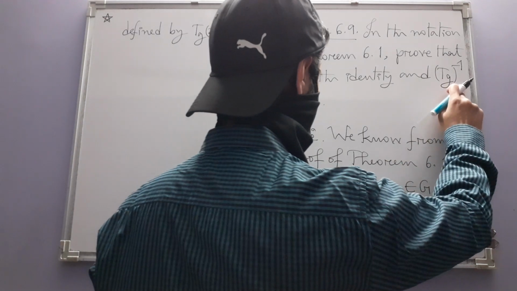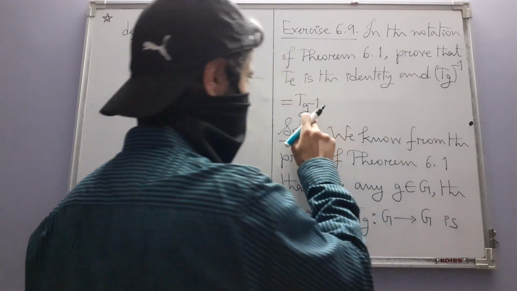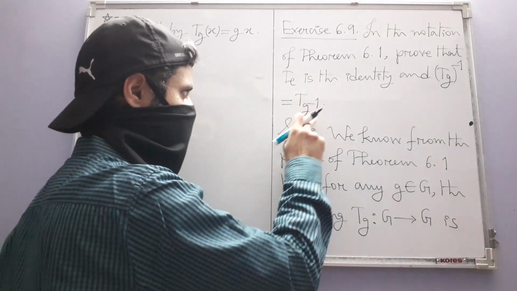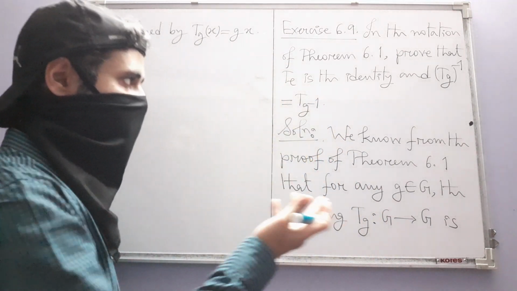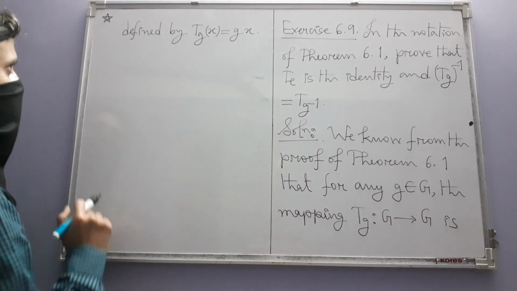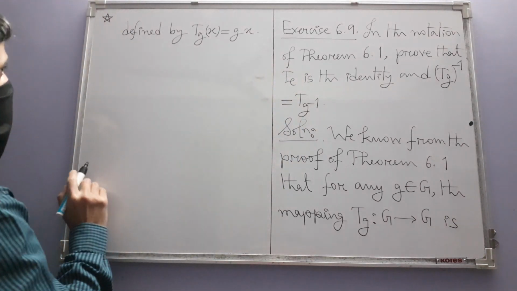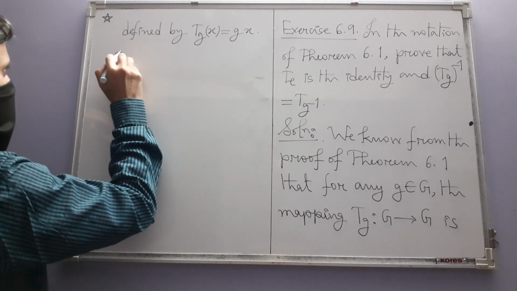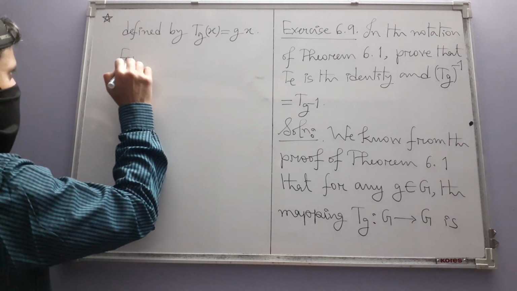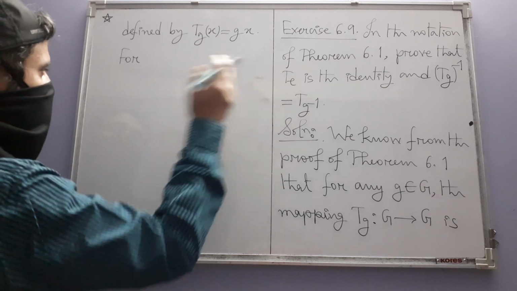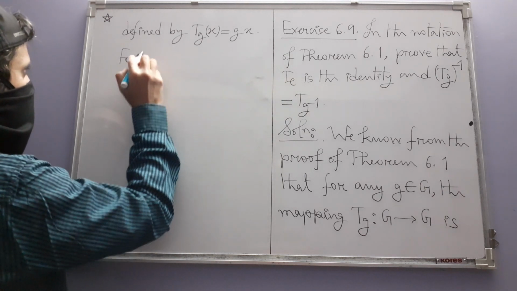And that inverse we have to show is nothing but another such map, the map for the element g inverse. Okay, so let's see. First we show that this is the identity map, for which one can almost immediately see why that is the case.